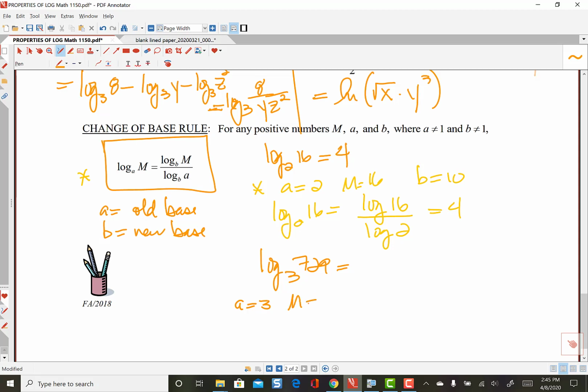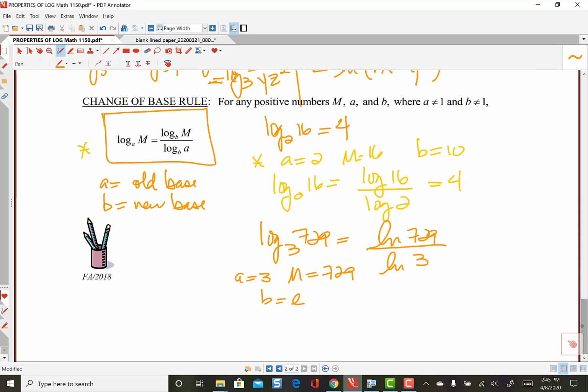The capital M is the 729. Let's say I use the natural log, something I can use my calculator with. So I would have the natural log of 729 over the natural log of 3. My B here is going to be e, because for natural logs the base is that lovely number e. You could use base 10 logs, you'd get the same thing in the end.